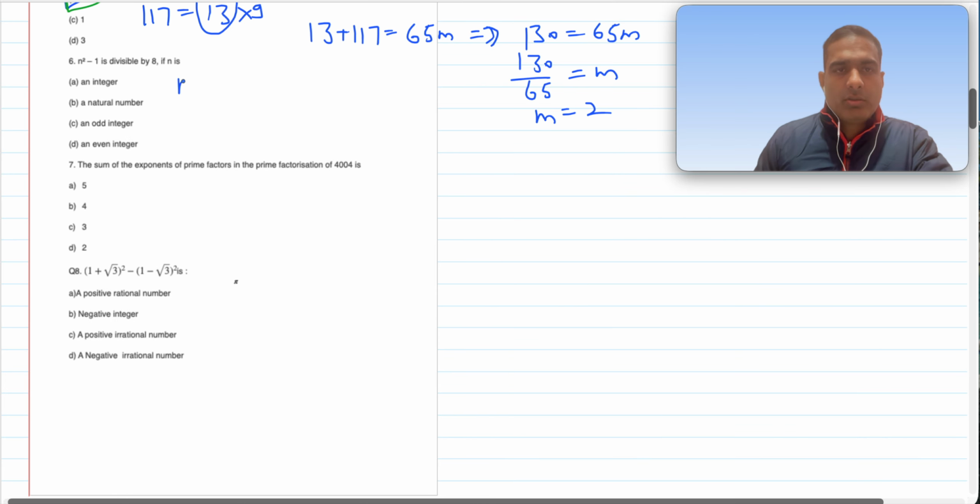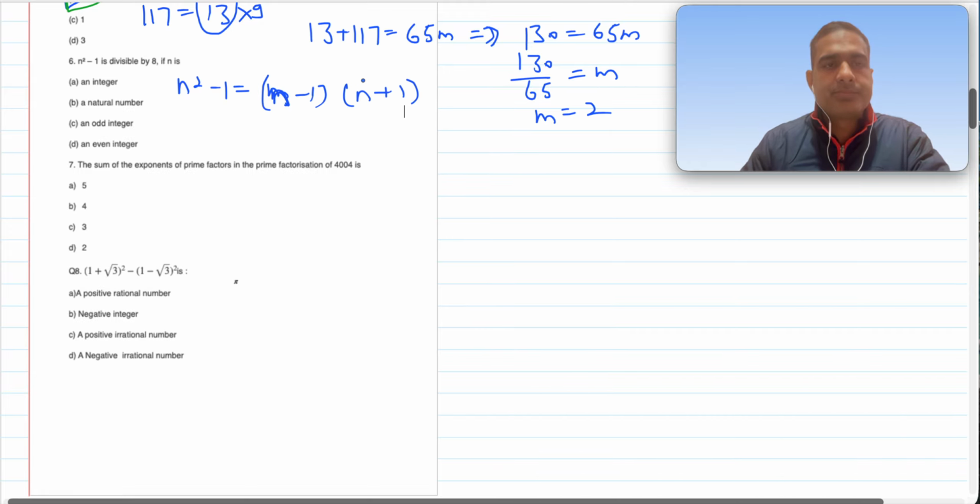And we know n square minus 1, using the formula a square minus b square, is equal to n minus 1 times n plus 1. So if we assume n is an even integer, suppose our answer is D, then n will be an even integer.